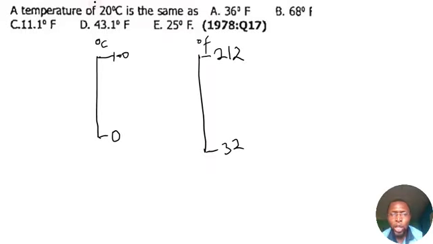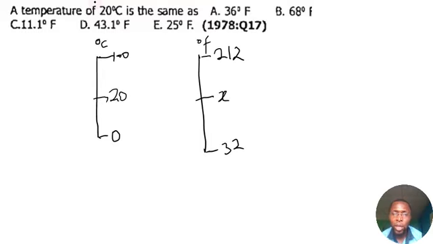Now, this 20 degrees Celsius is under degrees Celsius, so we put it in between 0 and 100. I didn't put it on the Fahrenheit line because it is not degrees Fahrenheit. So we have to convert it to degrees Fahrenheit. That's our unknown. Let's call it x.